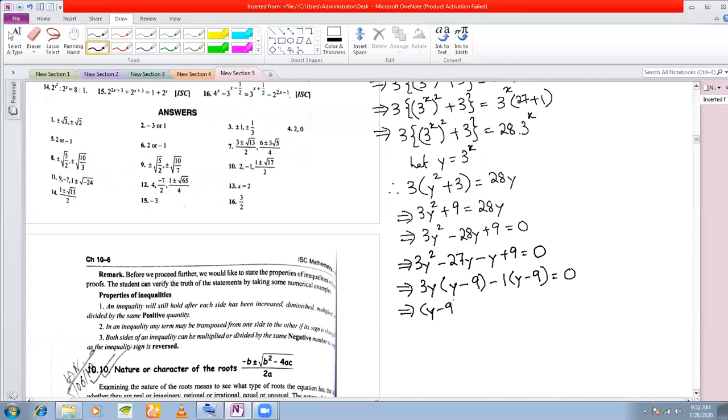Either y minus 9 into 3y minus 1 is equal to 0. That means either y is equal to 9 or y is equal to 1/3.